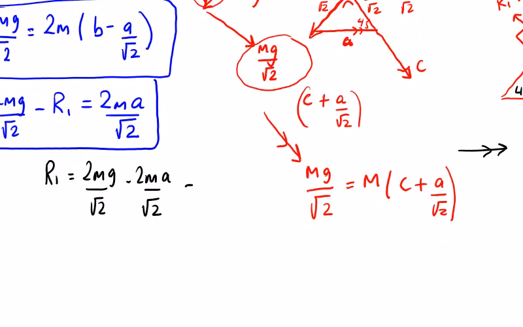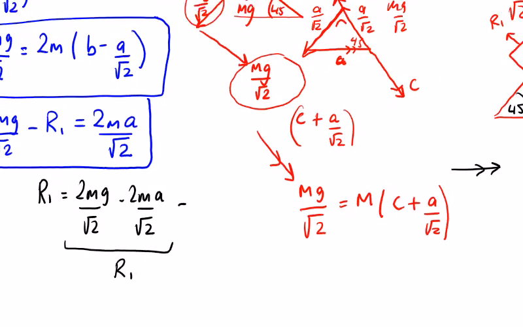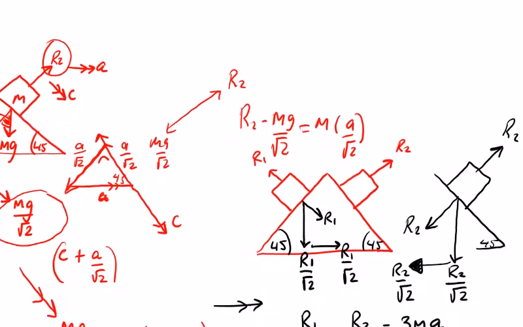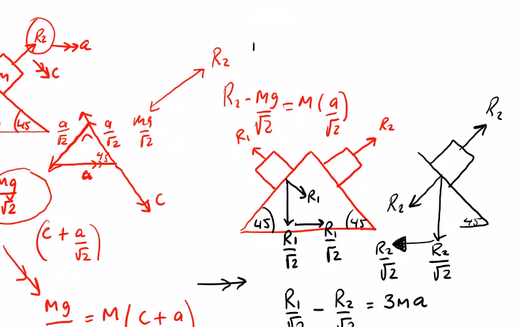So if we get R2, R2 is equal to ma over root 2 plus mg over root 2.